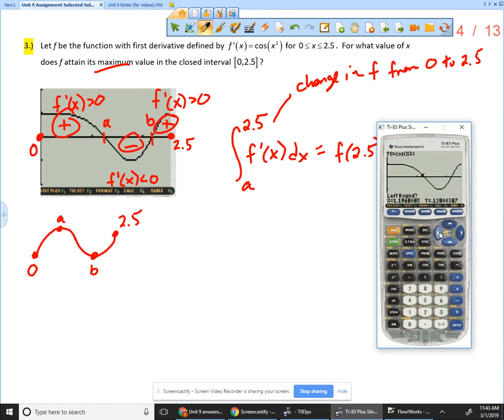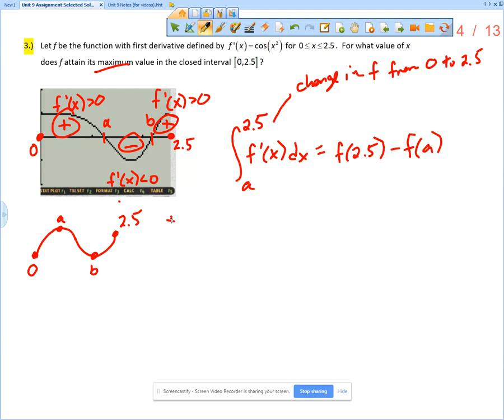I put the cursor on the left of that 0 and hit enter, then on the right of that 0 and hit enter. I don't need to guess a number because it's the only 0 in between those two. And I get 1.253.